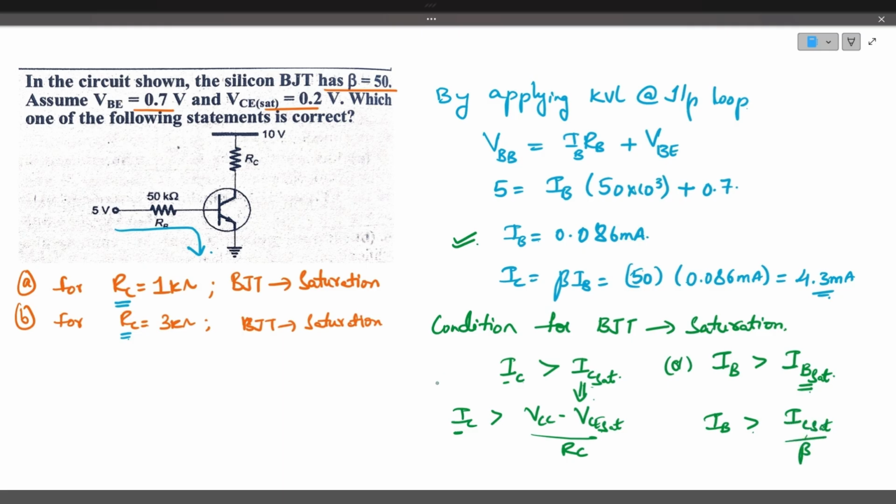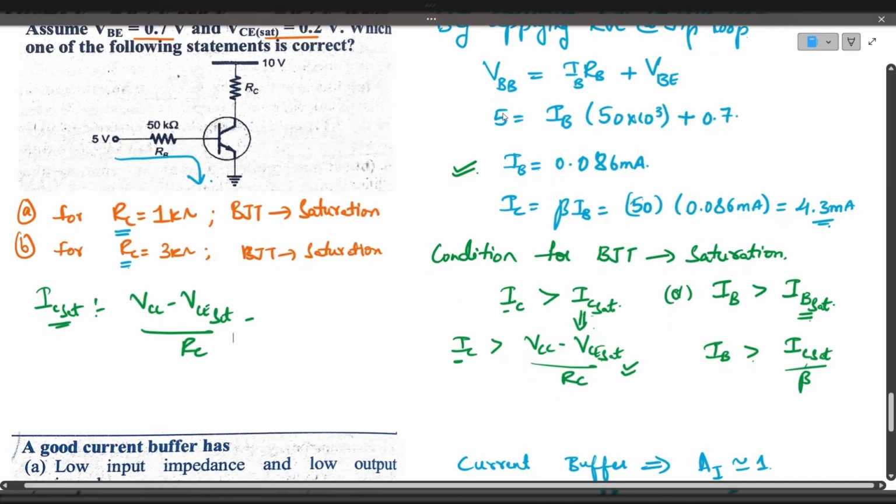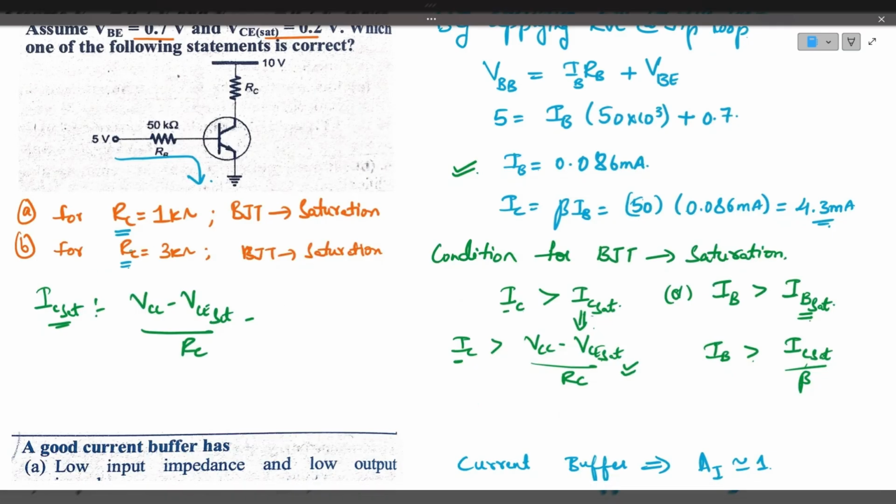This is the way to calculate. Now we'll calculate IC saturation. The formula is VCC minus VCE saturation divided by RC. Here two collector resistances are given, RC1 and RC2.